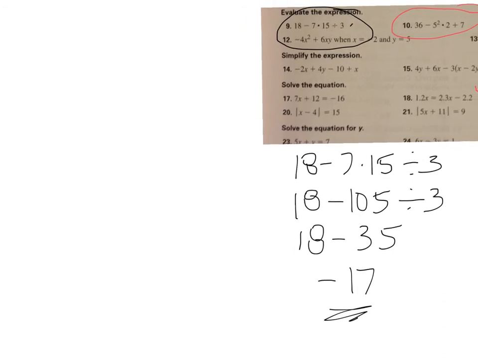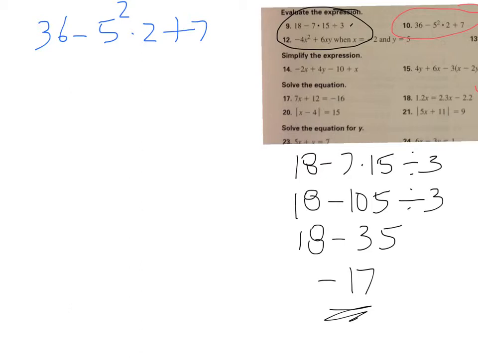There you go. So I have number 10, let's do that with blue: 36 minus 5 squared times 2 plus 7.